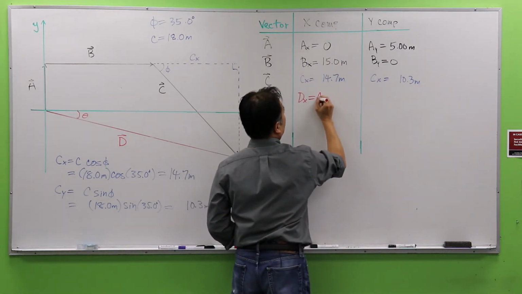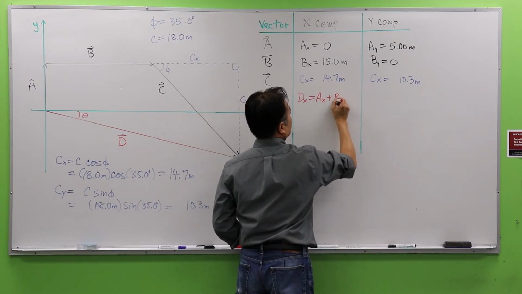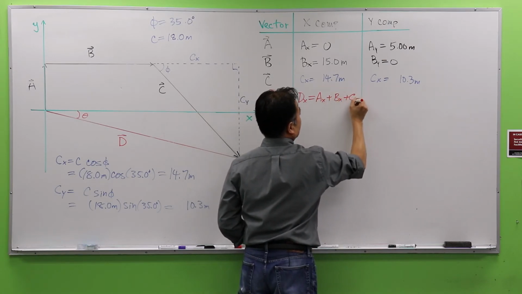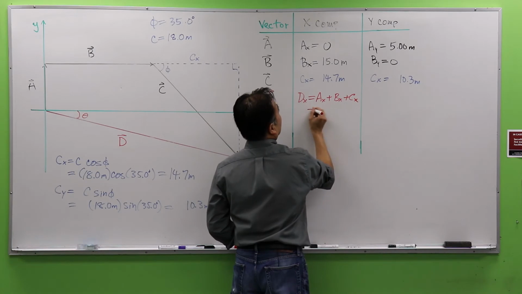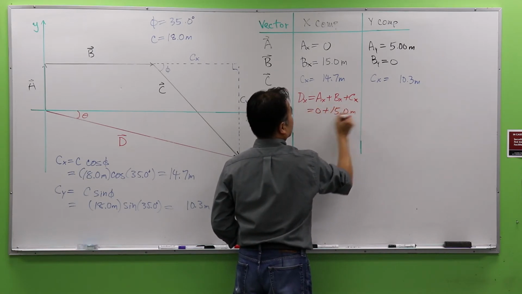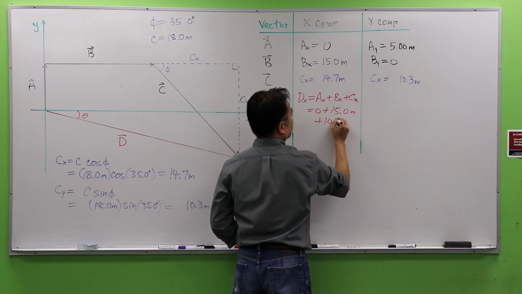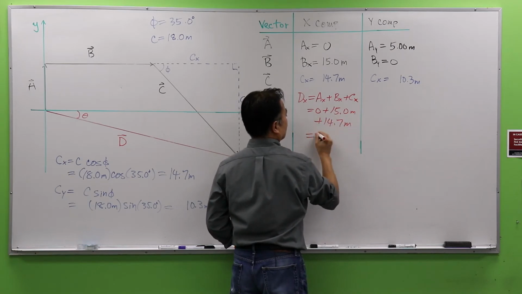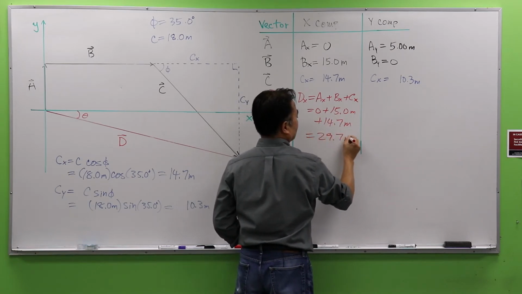Right? So AX plus BX plus CX. All right, so that's 0 plus 15.0 meters plus 14.7 meters, so that's 29.7 meters.